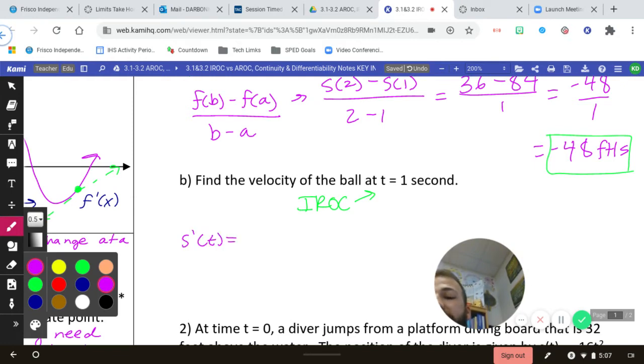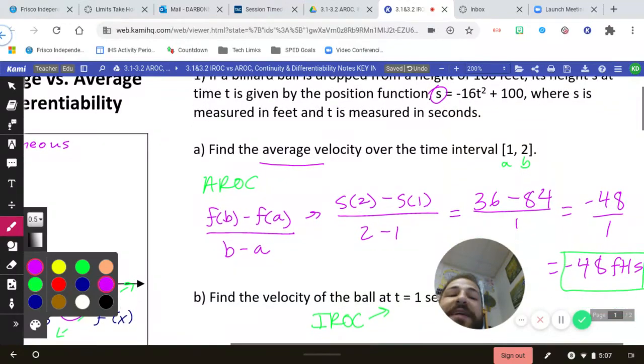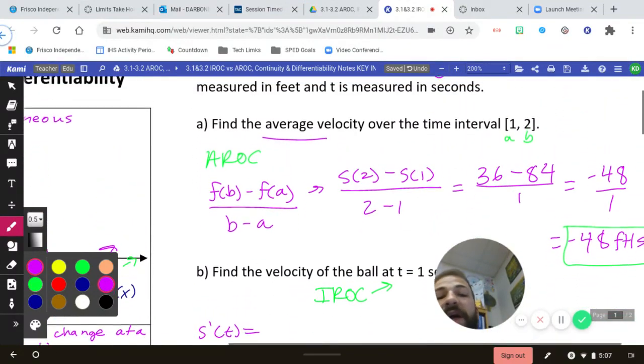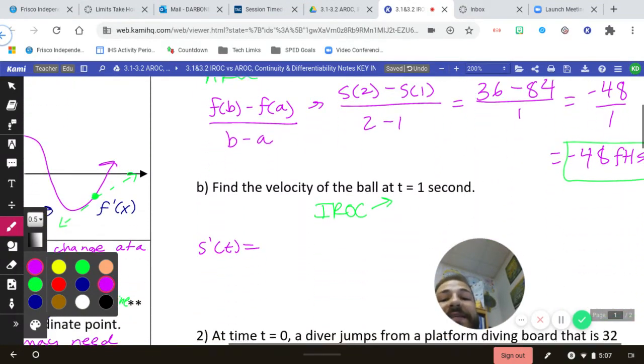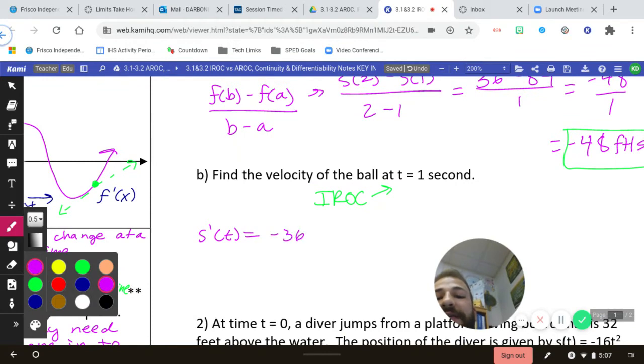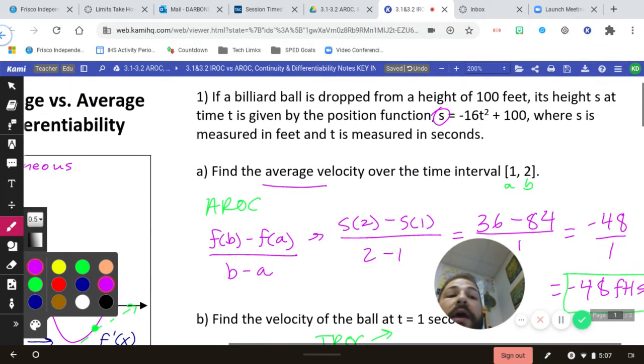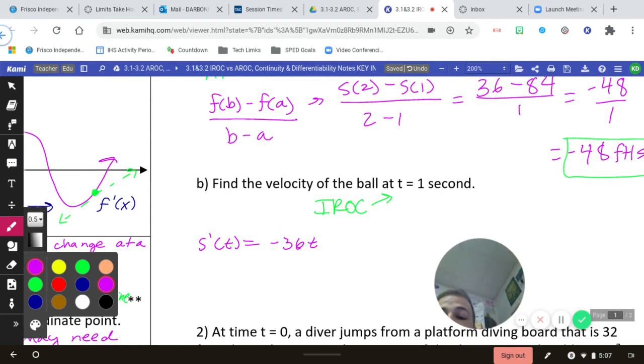I'm going to say of t, because it's s of t. So I'm taking my derivative. So the derivative of negative 16t squared is negative 36t. And then 100 just goes away. So that is my derivative. And then I want to find that value at 1. So negative 36 times 1.